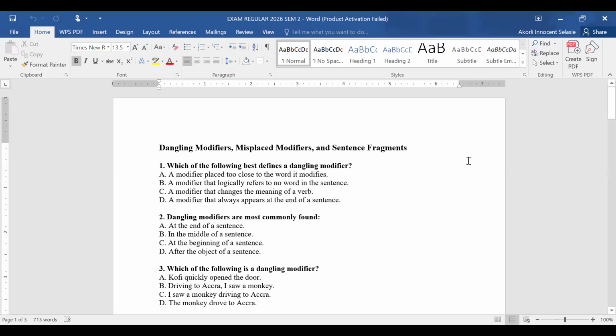What could it be? Is it difficult? The following best defines a dangling modifier.